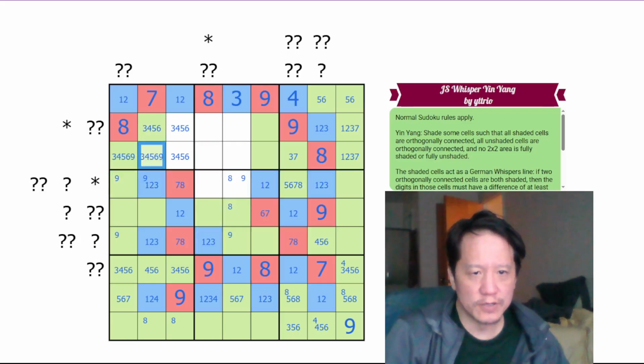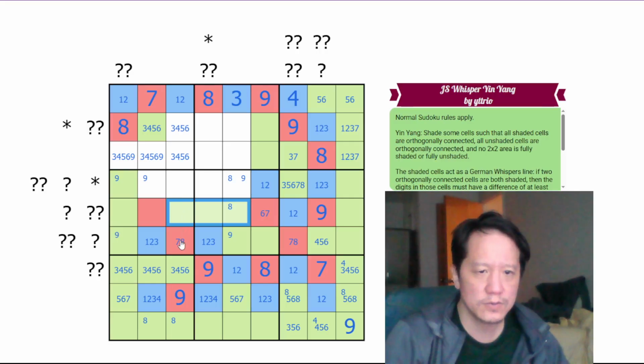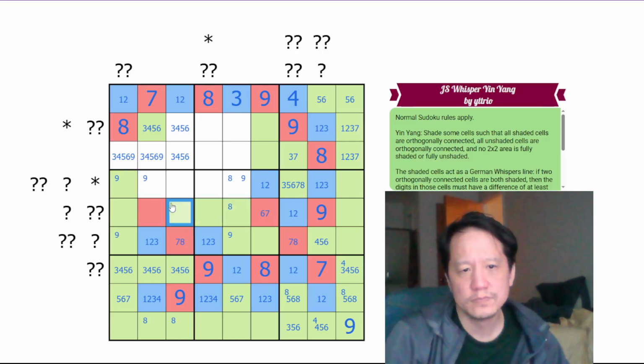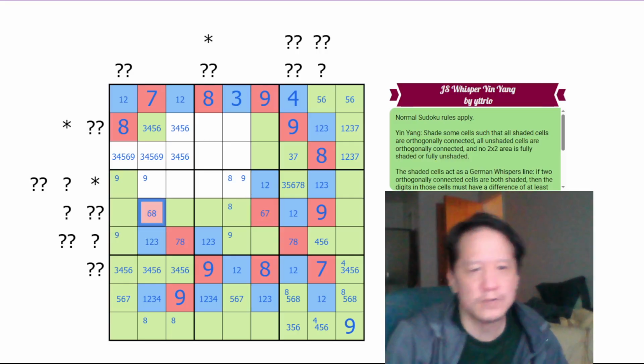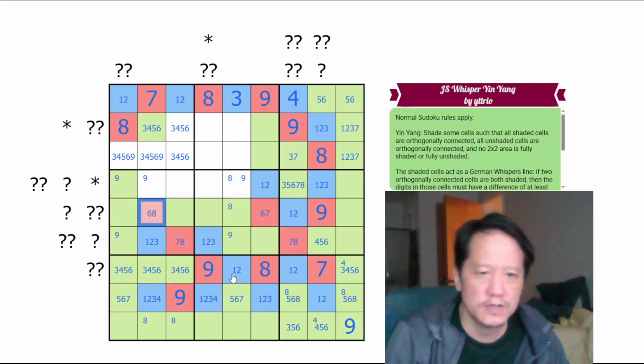What if we try the other route? So say this was shaded. That means this is unshaded here. This cannot be 7 or 8. It's 6 or 8. So there. Oh, well, it's a singleton. That's fine. 6 or 8.